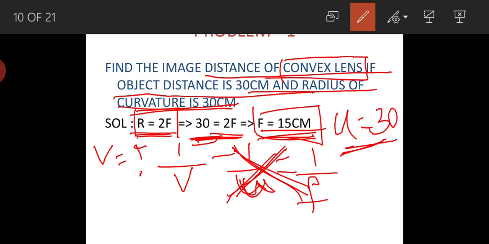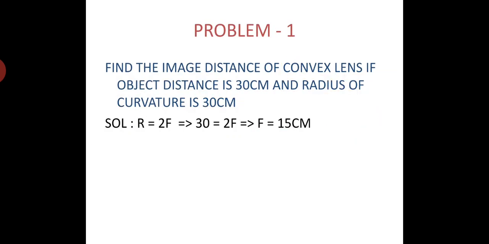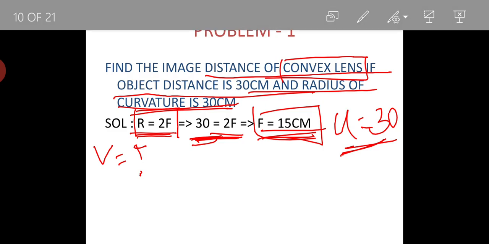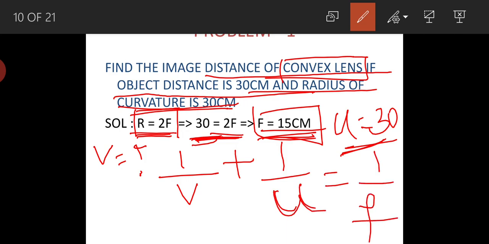So the convex lens formula is 1 by v plus 1 by u is equal to 1 by f. So f is equal to 15, u is equal to 30. Let us substitute these values.